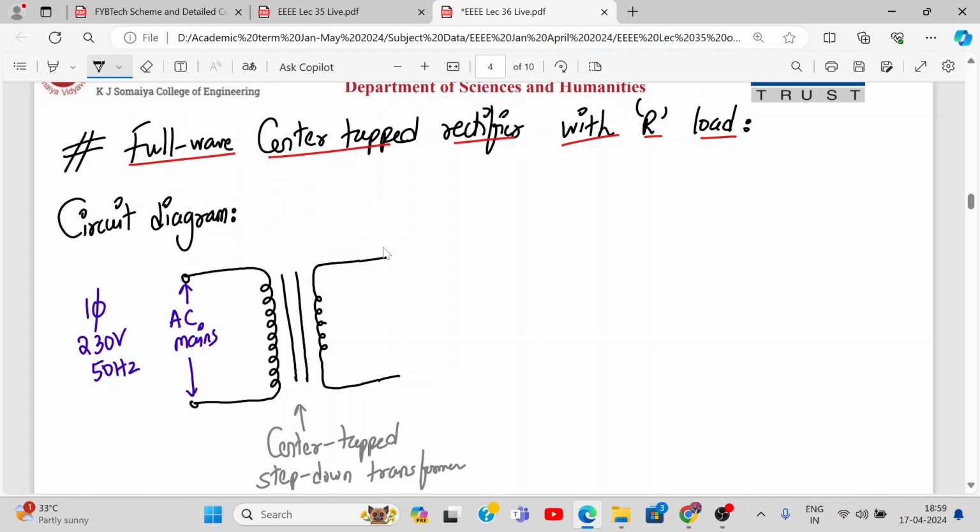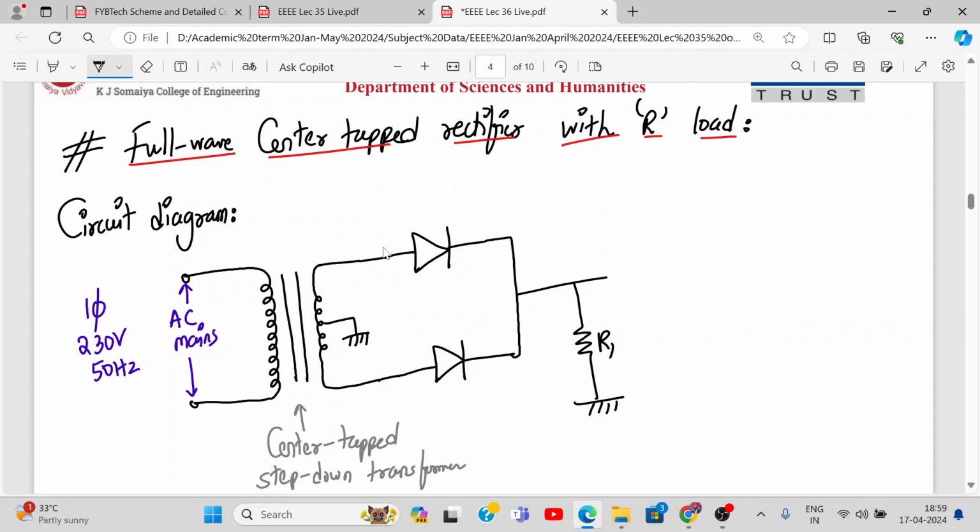You take the tapping from the center and connect it to the ground. There are two windings here, this is one, and this is the second one. Here you connect the resistor RL, and this is V out going to the ground.